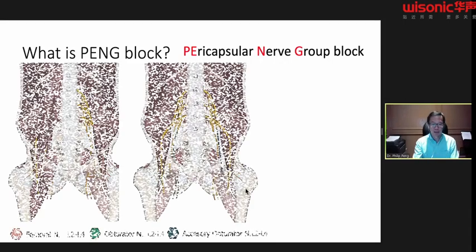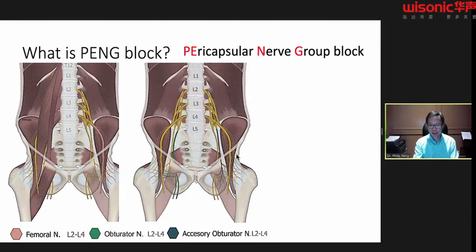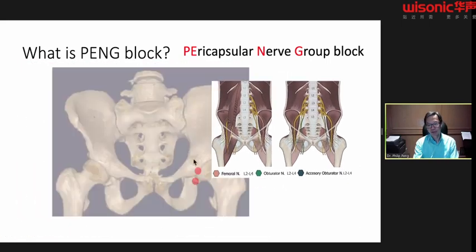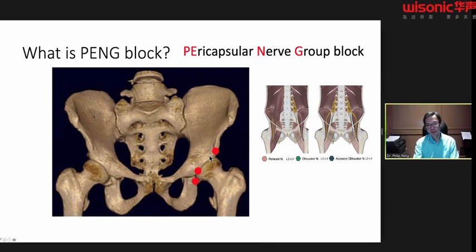Between the AIIS and the iliopubic eminence, we have articular branches from the femoral nerve, articular branches from the accessory obturator, and then articular branches from the obturator going past the iliopubic eminence. If you think about this, these three landmarks are the most important. For chronic pain, if we do radiofrequency ablation, I have to deal with it point by point.